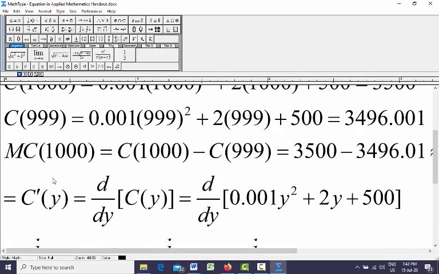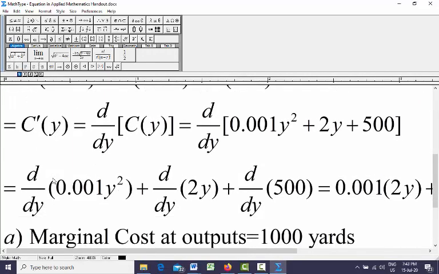Similarly, in this chapter we are studying differentiation. Using differential calculus also, we can find out marginal cost.